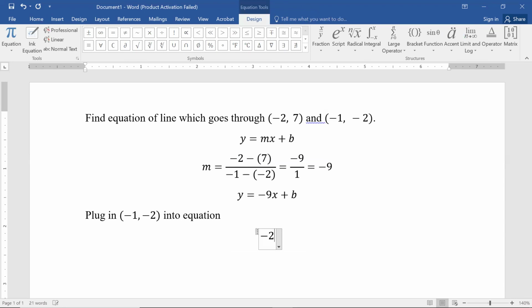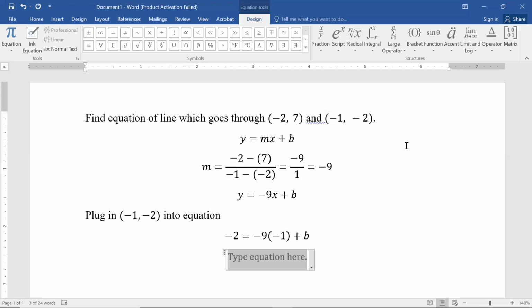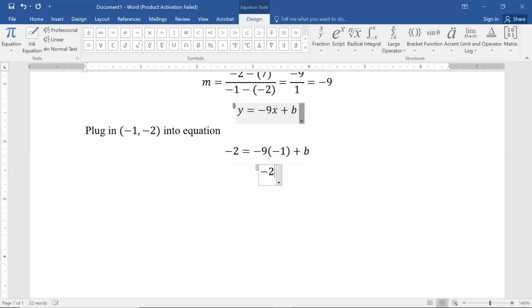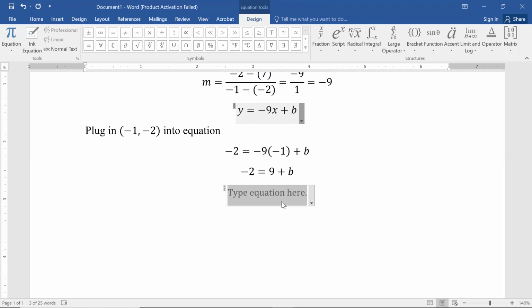Again, be careful that you plug the -2 into the y spot and the -1 into the x spot. When we do that, we get -2 is equal to -9 times -1 plus b. So I get -2 is equal to 9 plus b. And I can subtract 9 from both sides and get -11 as my b.